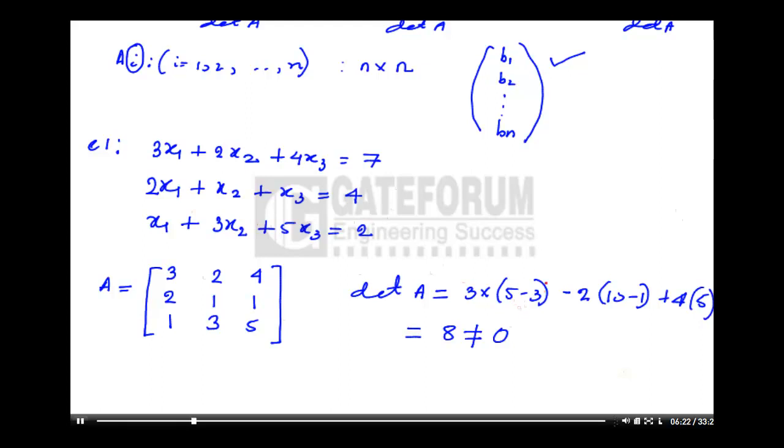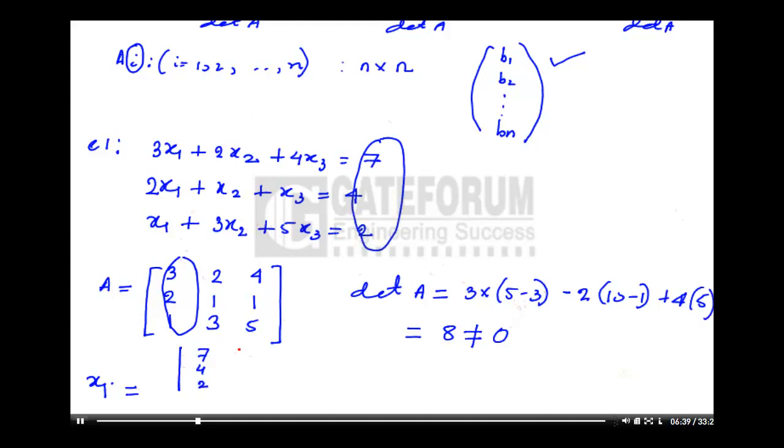Applying Cramer's rule, we get x1 is equal to, as the numerator, the determinant of A1, that is column 1 is replaced by this constant vector and other columns remain as they are.